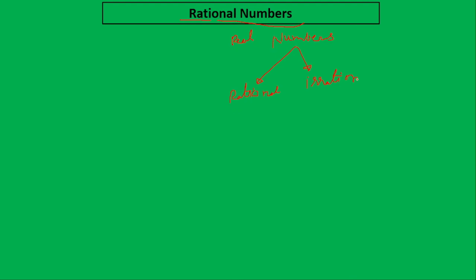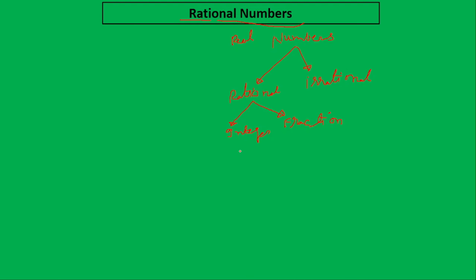So rational number is classified as integers and fraction.